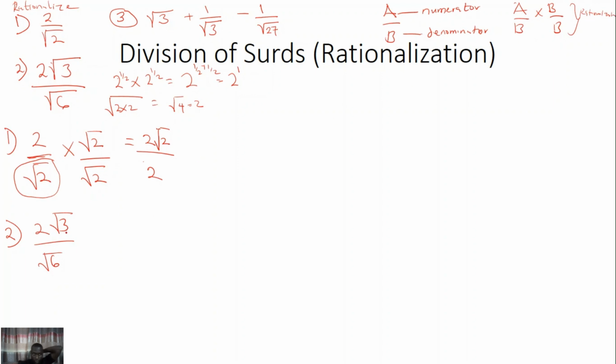Now, for us to rationalize this fraction, we are going to multiply the numerator by root 6 and the denominator by root 6.